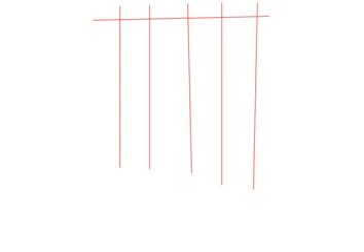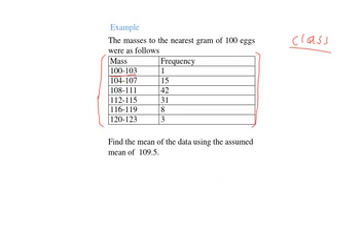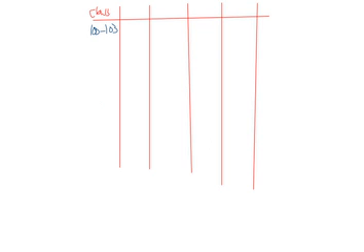So let's have the class. In the first column we have 100 to 103. I'm checking from the table, so we have 104 to 107. The other one must start from 108, so 108 to 111.